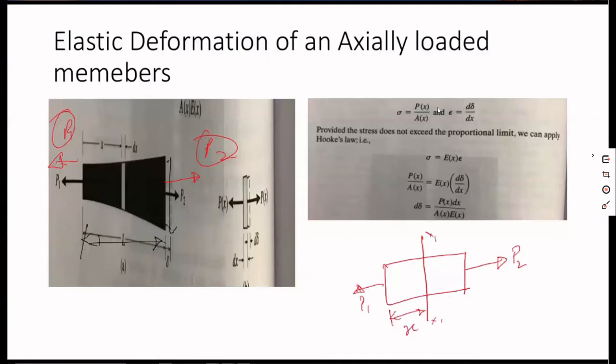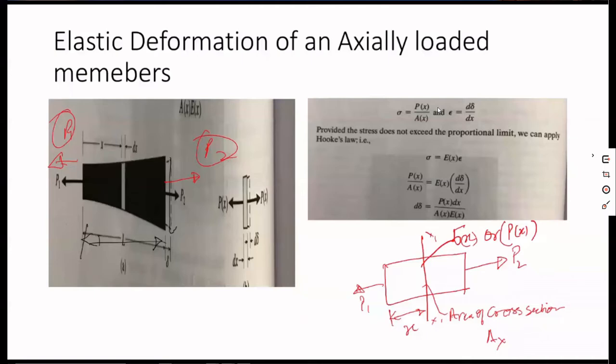I have cut a section here at a distance X meter apart. At this distance, whatever my area of cross section is will be known as Ax, and whatever the load or stress at this section will be denoted as sigma x, or in terms of P, it will be Px. Is it okay with everyone?